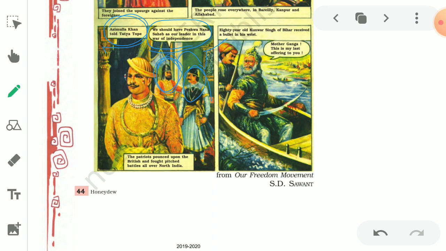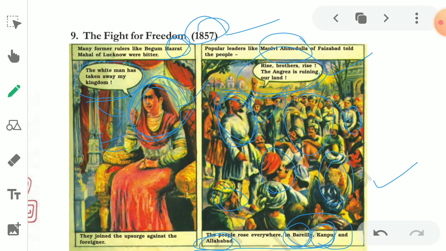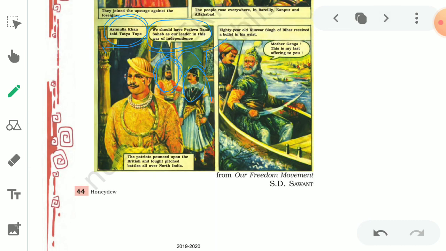Azimullah Khan made the people aware regarding British rule, and he talked with Tatya Tope about accepting Nana Sahib as the leader of this war of independence.